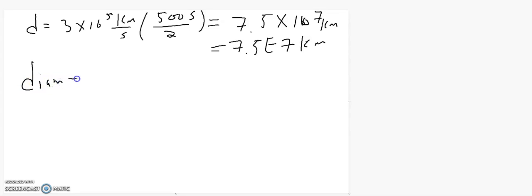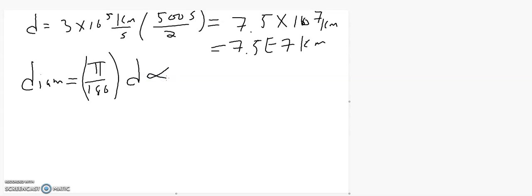The diameter of something, and I'll use DIAM for diameter, is equal to pi divided by 180 degrees. So it's degrees, by the way. And that's times the distance to the object. D is going to stand for the distance, and then times what I'm calling alpha, which is the angular size of the object.